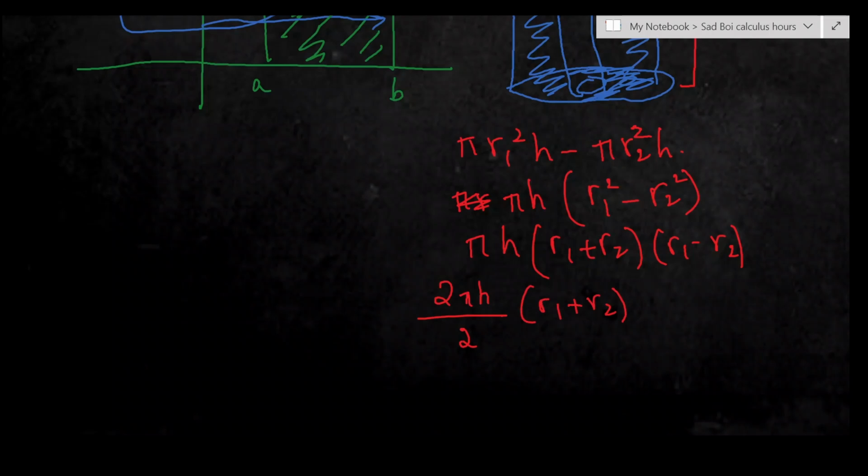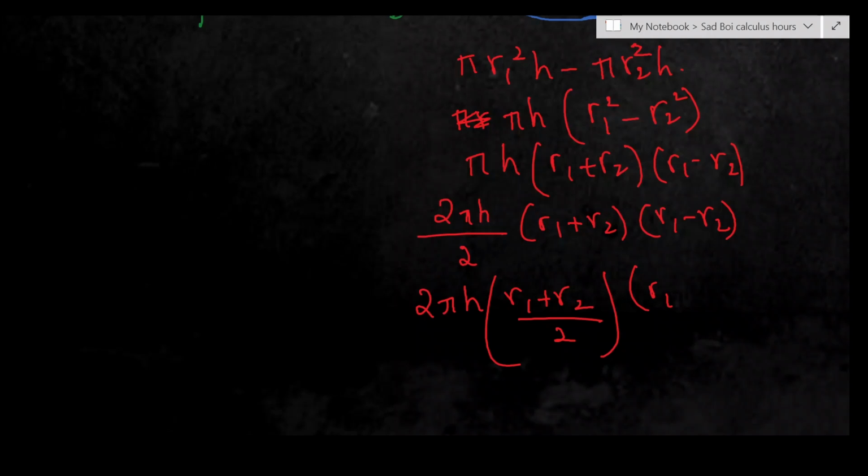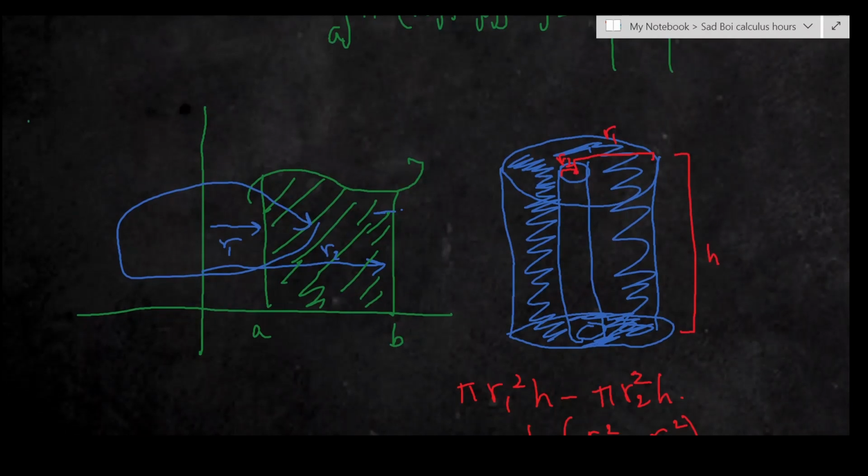Now, if we multiply and divide this by 2, let's see what we get here. So 2 pi h, rewriting it, we get r1 plus r2 over 2 times r1 minus r2. And hence what we get is 2 pi times average radius times the thickness.